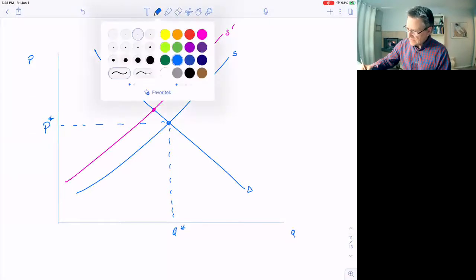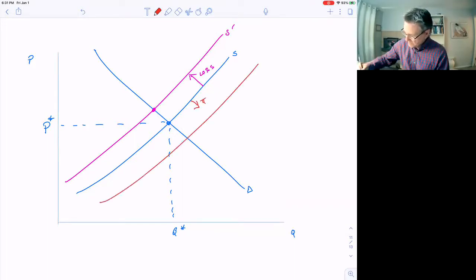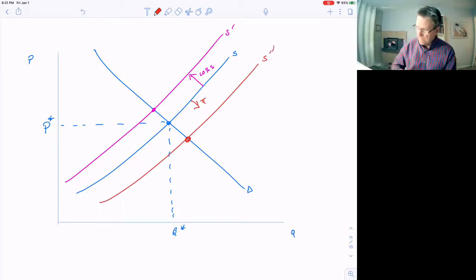If there's profits in the industry, then firms come into the market, shifts the supply curve to the right, and the price drops. It's going to be stable when there's no profit or loss in the industry.